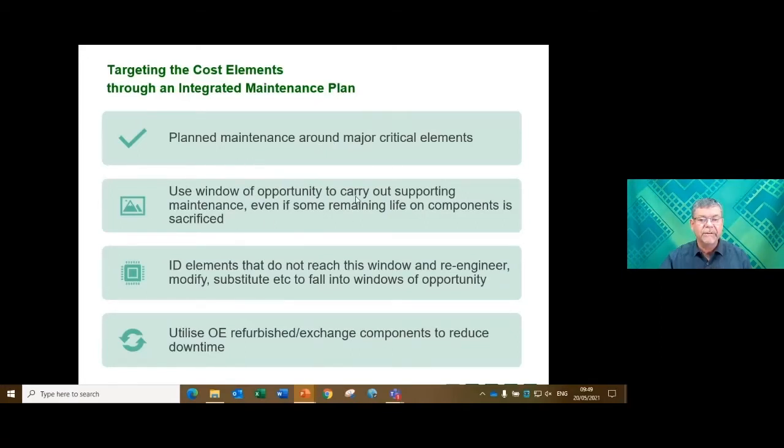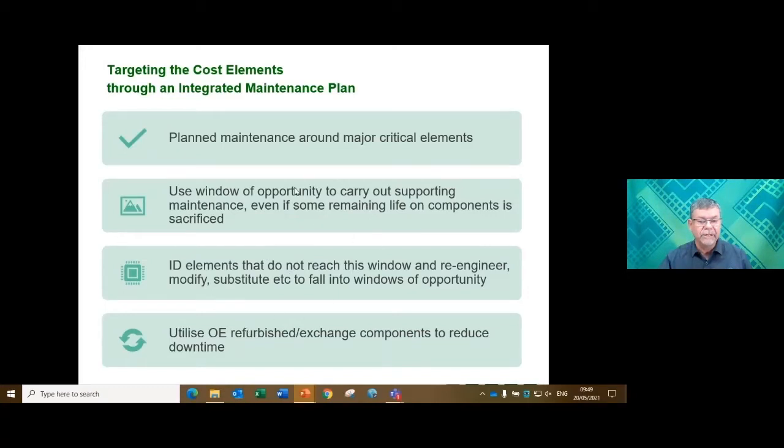Following on from that, you use that window of opportunity whenever it calls for maintenance on that crusher, for example, to try and slot in as much as possible some of the secondary and supporting elements into that window of opportunity to reduce the number and the time span of those maintenance events.